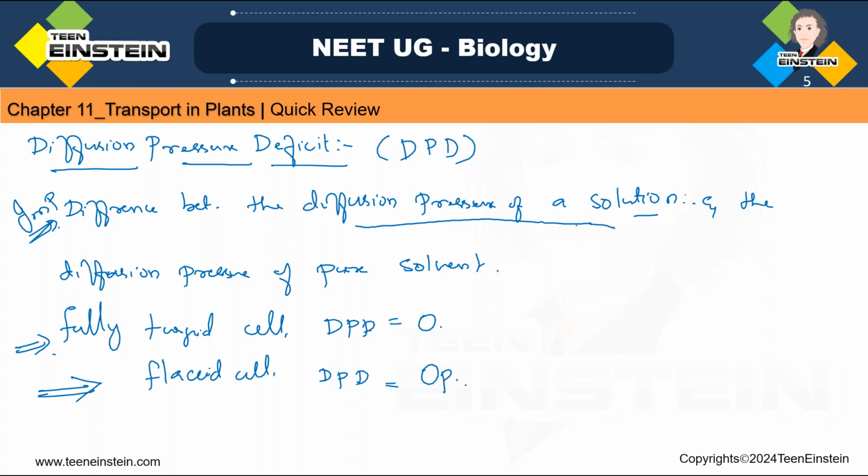This is also a repeated question. Osmotic potential means the potential of water molecules to move from a less concentrated solution to a more concentrated solution. So flaccid cell means DPD will be equal to osmotic potential.